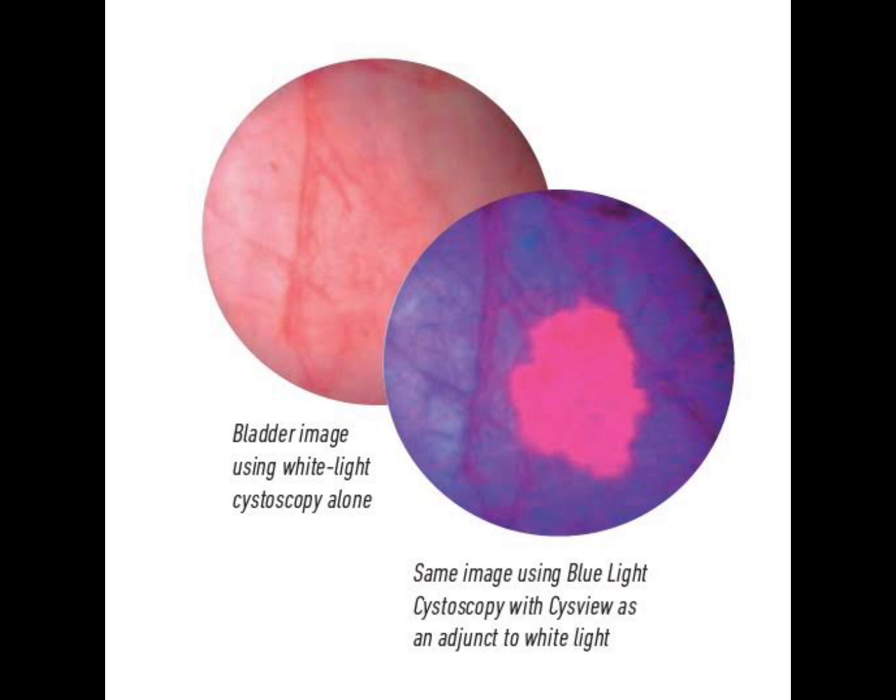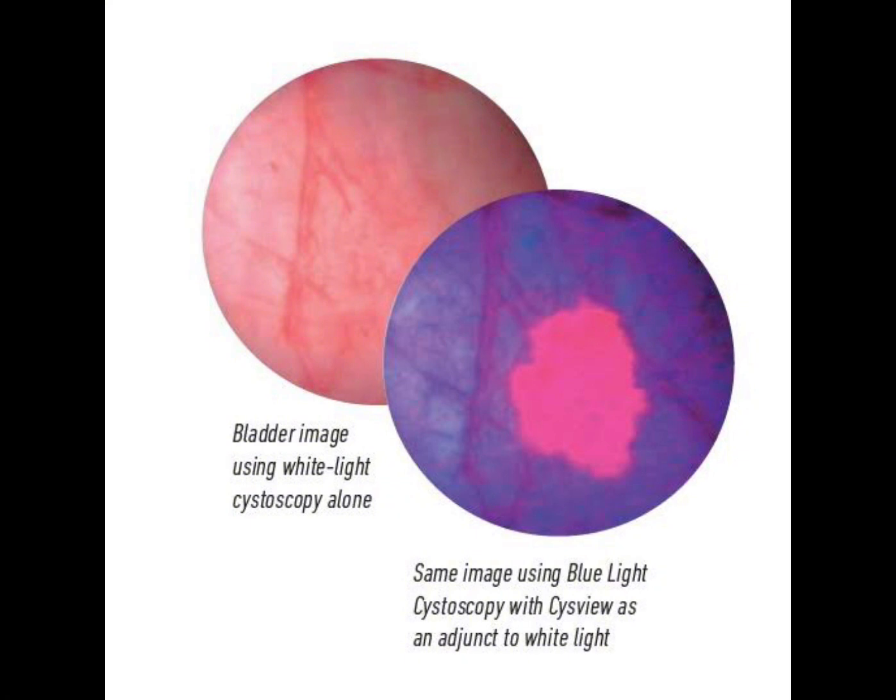We instill it into the patient's bladder 1 hour before the procedure. After instillation, it is absorbed by the urothelial cells all over the urinary bladder, and it enters the heme metabolism pathway where it is converted into porphyrin, and that porphyrin will be visualized on blue light cystoscopy.